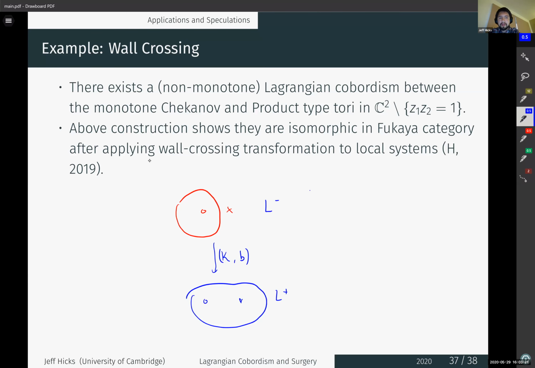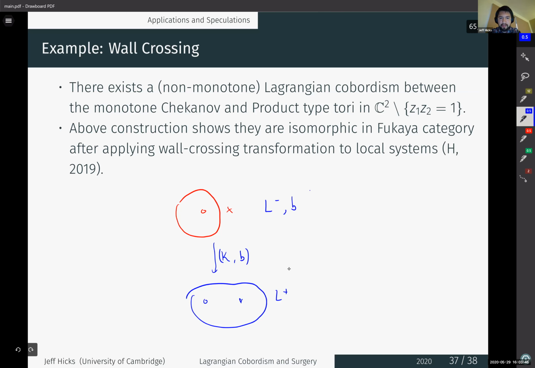The way that you find this bounding cochain is by breaking this cobordism up into surgeries and then carefully keeping track of which holomorphic teardrops you see in that surgery.